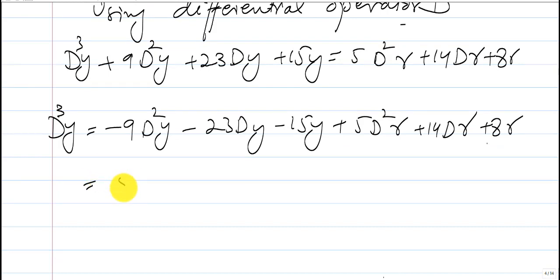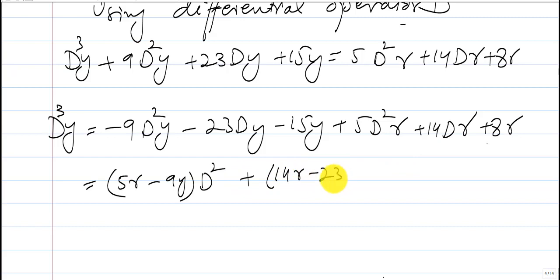Now it will be D^2 times (5r minus 9y), plus D times (14r minus 23y), plus (8r minus 15y).